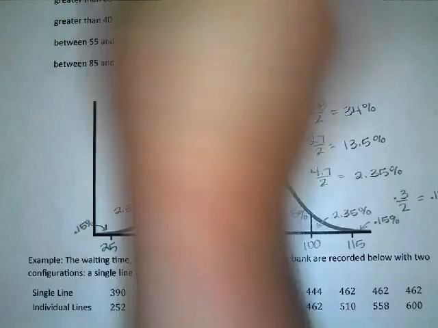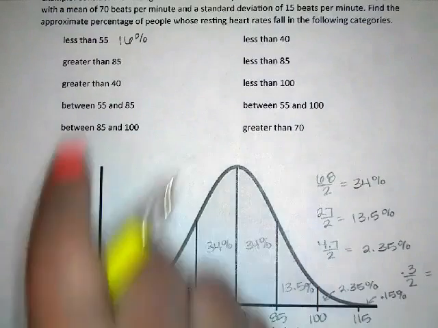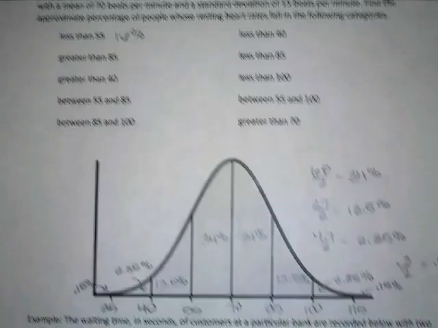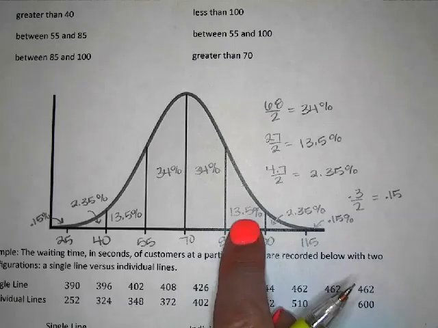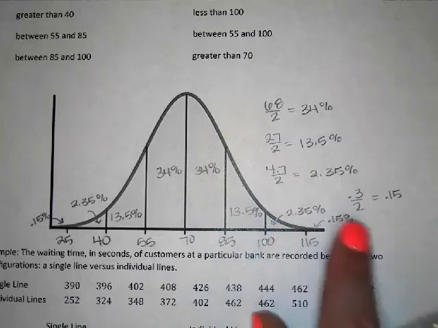Okay. The percentage that is greater than 85, it's the same numbers, it's just the other side of the bell curve. So 13.5, 2.35, 0.15. That's 16% as well. Okay.